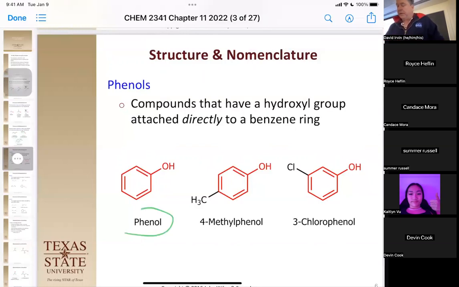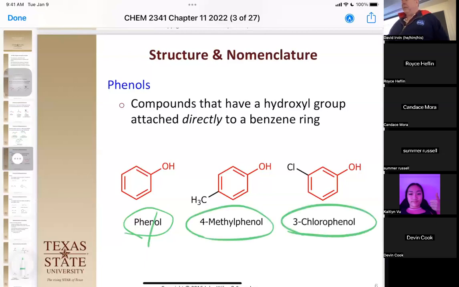This functionality is called a phenol. Phenyl alcohol, phenol. We're going to learn how to name these next semester. But I want you to know that this is not a regular alcohol. This is a phenol. They are more acidic and have different reactivities than our other alcohols.